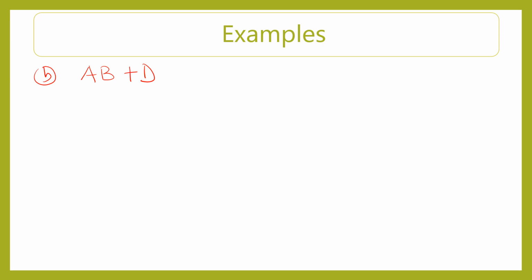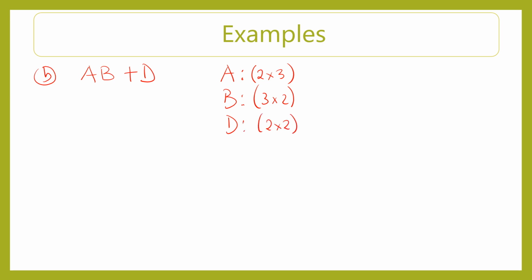So remember, let's just write the order here. A is 2 by 3. B is 3 by 2. And D is 2 by 2.